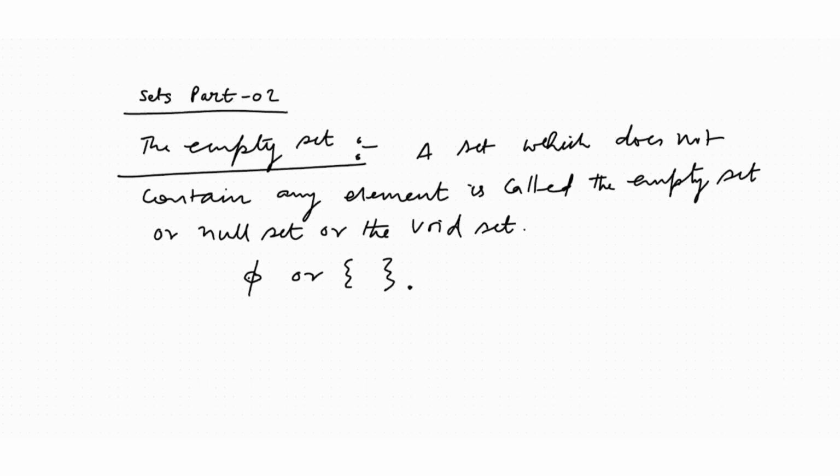We can give some examples of empty sets. Let's say for example, we say set A is represented as {x such that 1 < x < 2, and x is a natural number}.